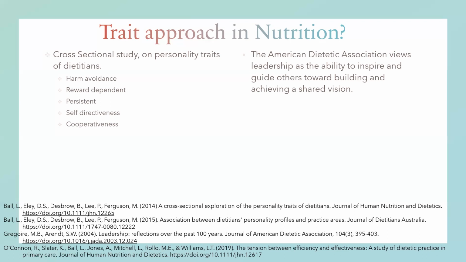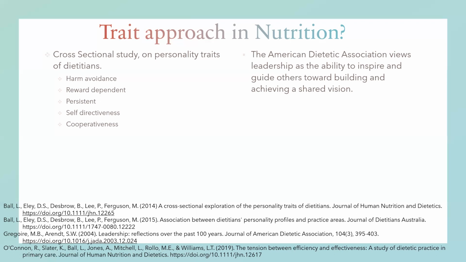One study I found, titled A Cross-Sectional Exploration of the Personality Traits of Dietitians, explored the temperament and emotional traits of 346 dietitians. The study included dietitians that were 7 to 9 years after graduation, working in multiple areas of dietetics.